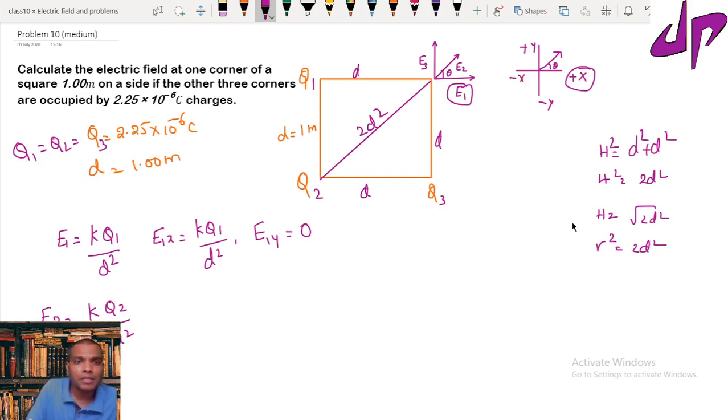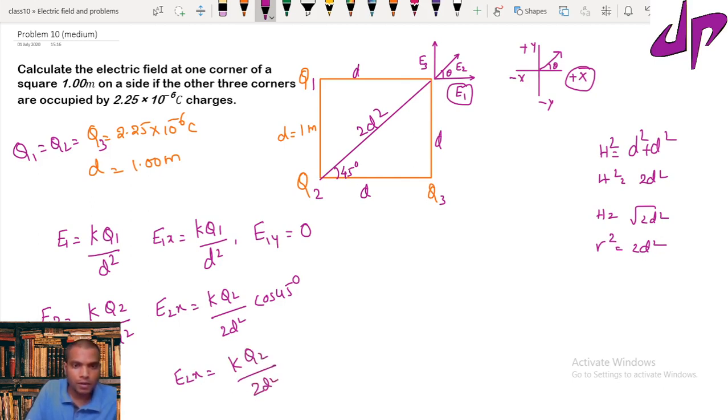The horizontal component is along the x-axis, so I can write E2x equal to k q2 by r square, which is 2d square, times the cosine of the angle between them. Since it's a square, the angle goes to 45 degrees. So E2x equals k q2 by 2d square times cos 45, which is 1 over root 2.